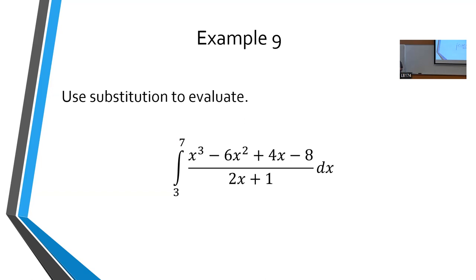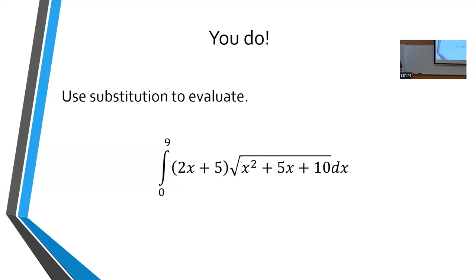Does that make sense? All right, same thing here, 0 to 9. If you substitute for u, integrate, and then back substitute and come back to your x's, you're back to 0 to 9. But in the middle, with respect to u, you weren't from 0 to 9. Okay.